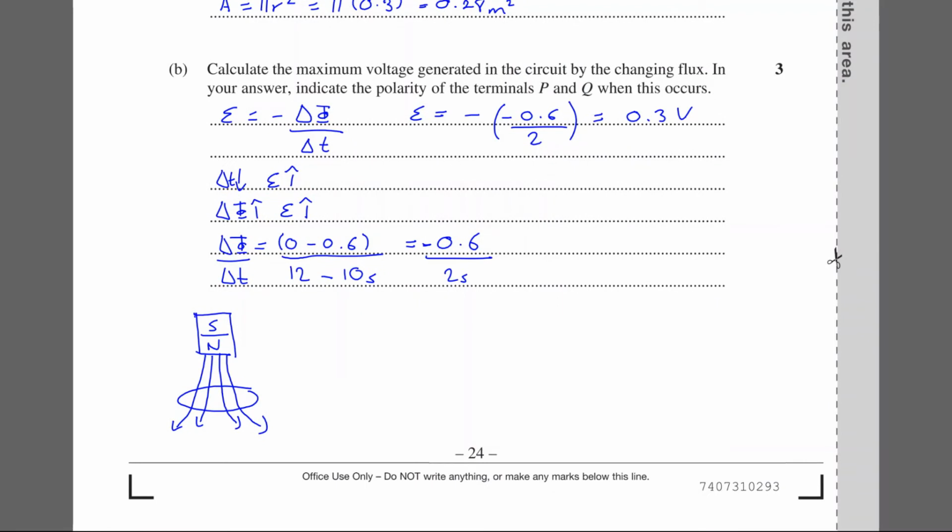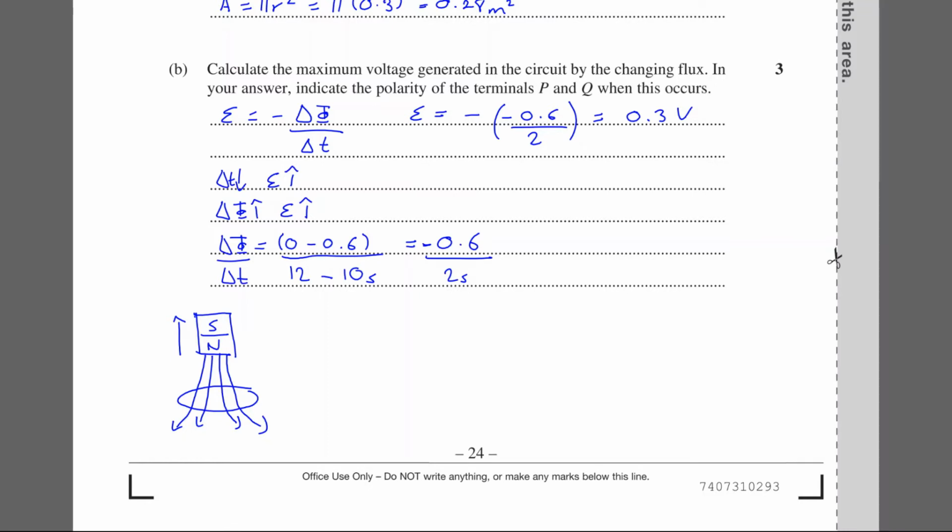That means in the diagram that I've drawn down here, the magnet is being pulled away. Now, when we have a current that's induced in a coil because of a change in flux, the current that is induced in that coil acts in a way that it produces a magnetic field that opposes that change. And that's called Lenz's law.